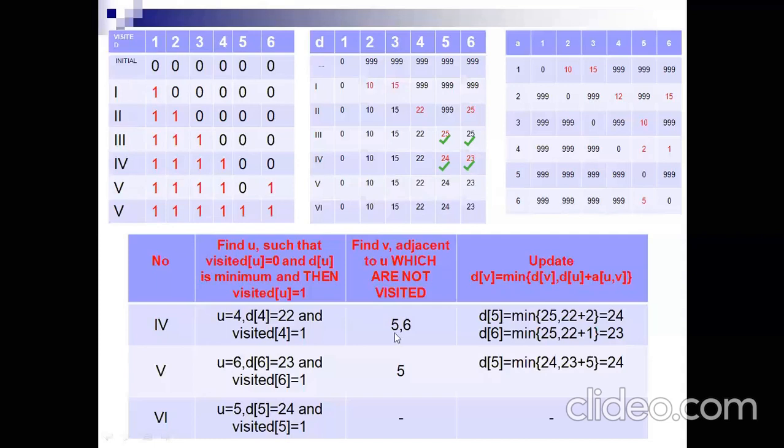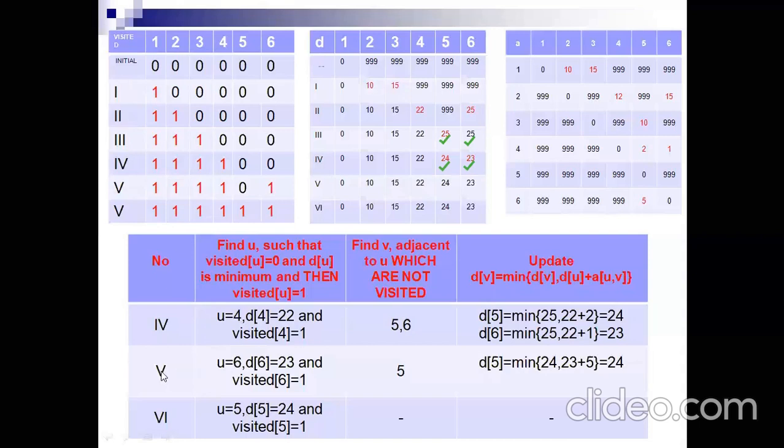So you can now see 5 and 6 are reached in a shorter way via the vertex 4. So how is vertex 4 reached? You should go back to the next table. So vertex 4 got reached via which path? The next table will give you that entry there.